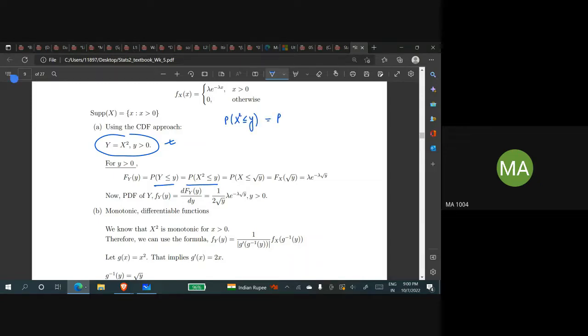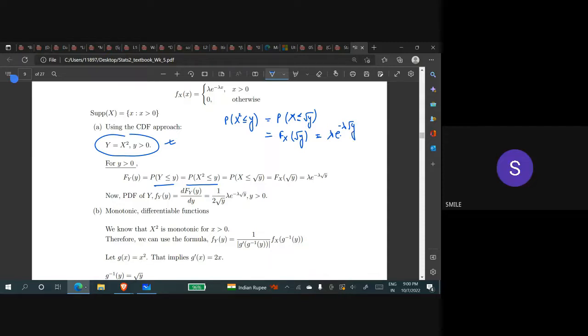This is the same as the probability that x is less than or equal to root y. And this is just Fx of root y, and Fx of root y is just lambda e to the power minus lambda root y.